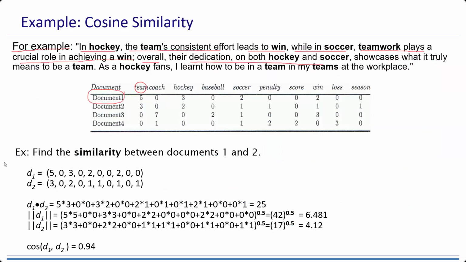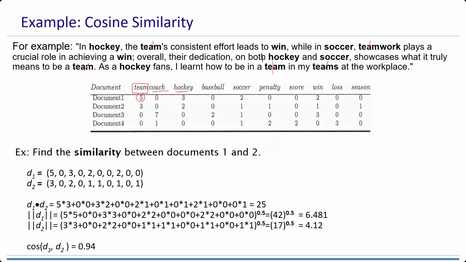So I can measure how many times the word team appears. Maybe this is one, two, okay, we got teamwork, three, four, five. Okay, then for team, there are five. And so on. We also calculate the word hockey.